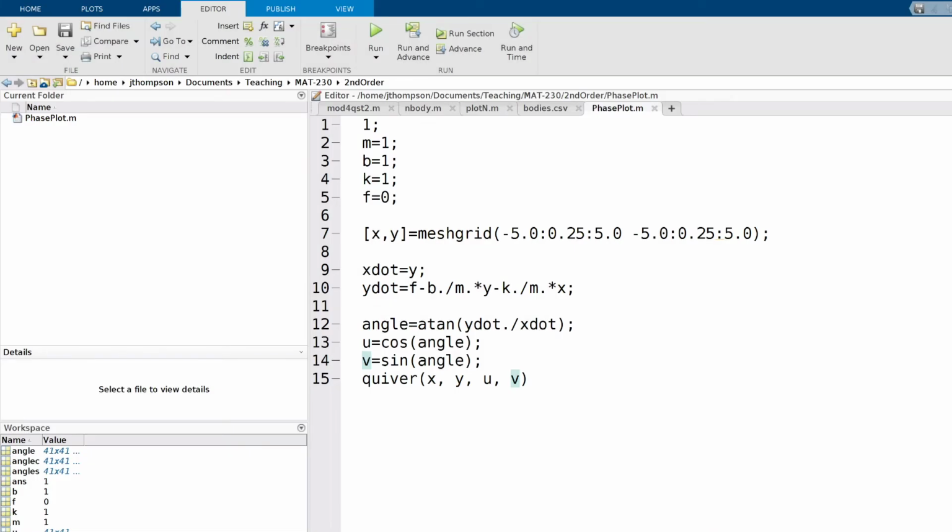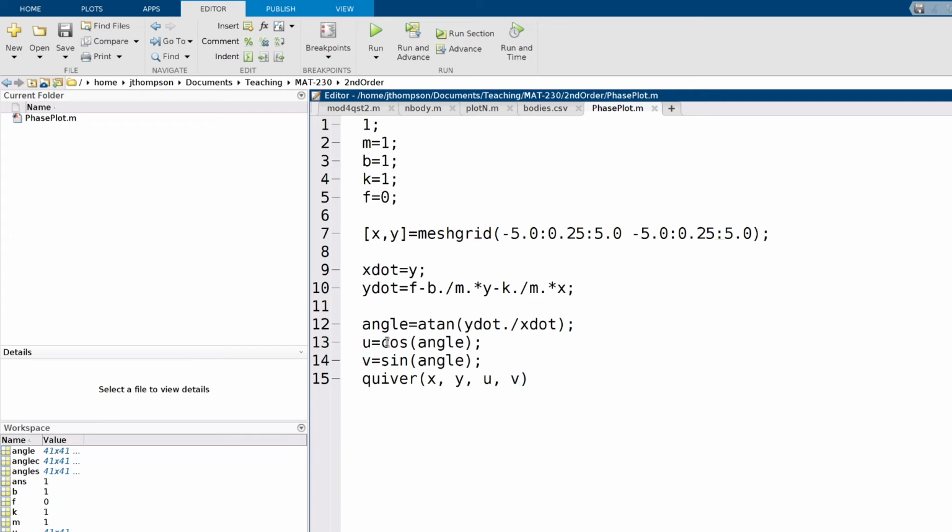So what I want is something that takes care of the sign for me. But notice it was all based off of the y value sign. So y divided by the absolute value of y times the cosine, and y divided by the absolute value of y times the sine.